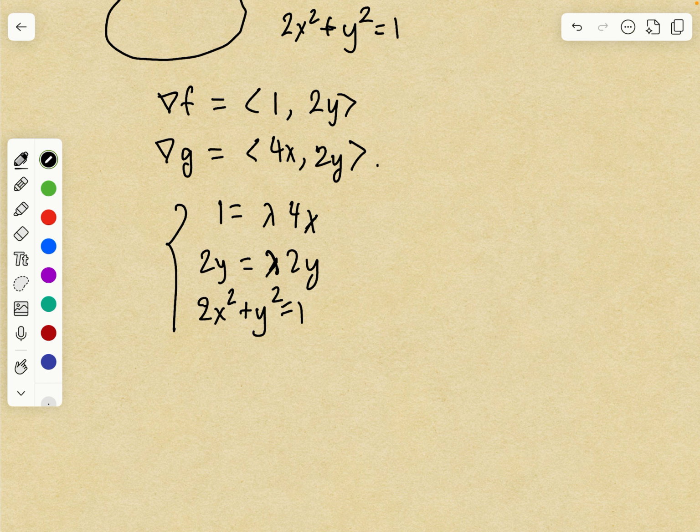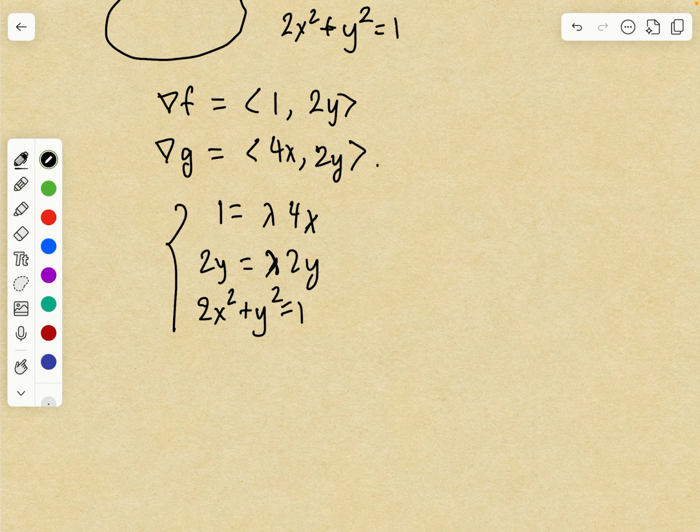When you have something like this, you have to be careful with the algebra, especially when it comes to dividing by things. You want to make sure that when you divide, you're not dividing by 0 accidentally, because that's not allowed.